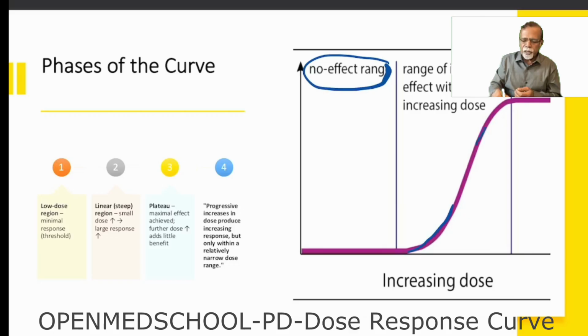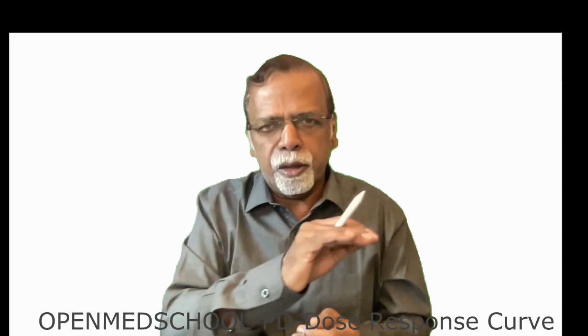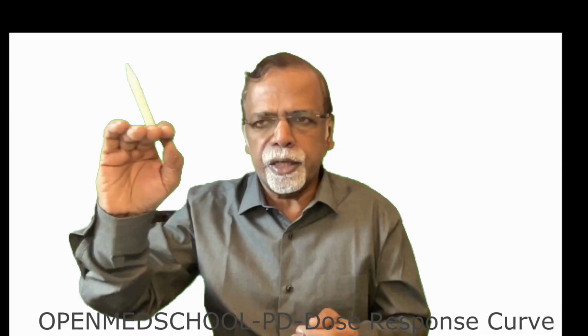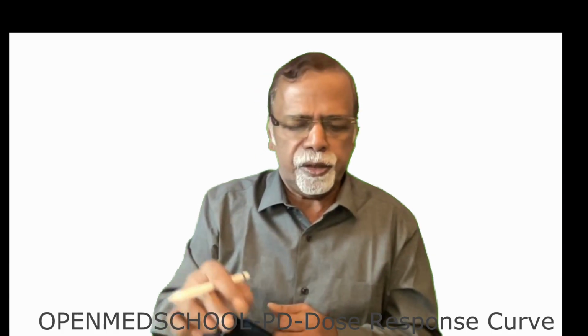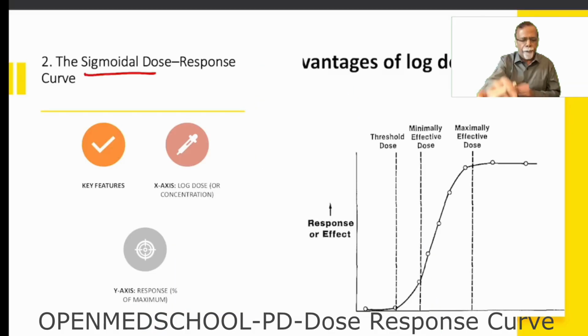And finally, even if you increase the dose further, there is not much effect. That is the plateau phase. So the response suddenly increases, then reaches a plateau, and a further increase in dose will not produce more effect. What is the reason for that?